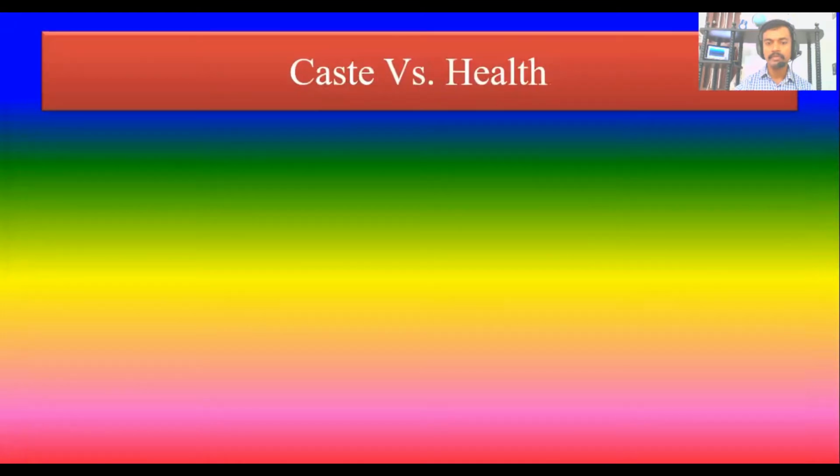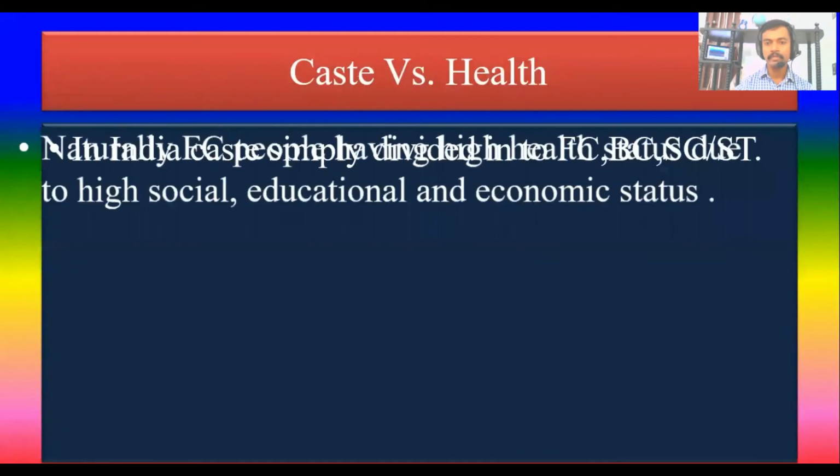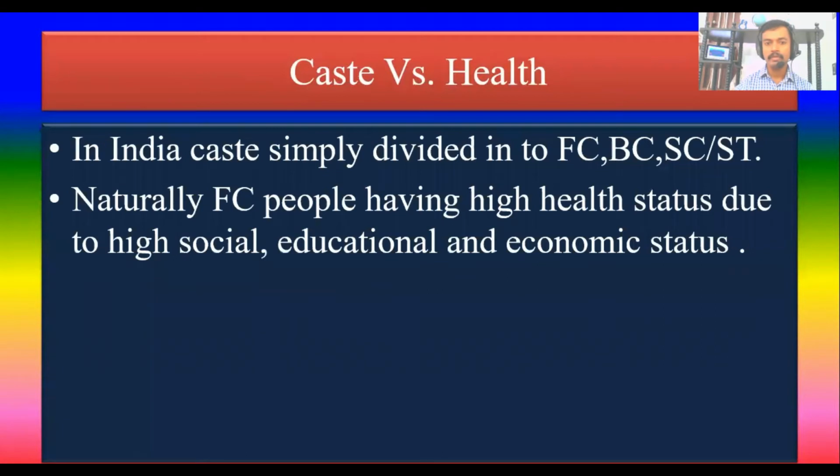Caste versus health. Mainly in India, caste is a key to determining health status. The caste is divided into forward caste, backward caste, SC and ST, which is the modern classification.